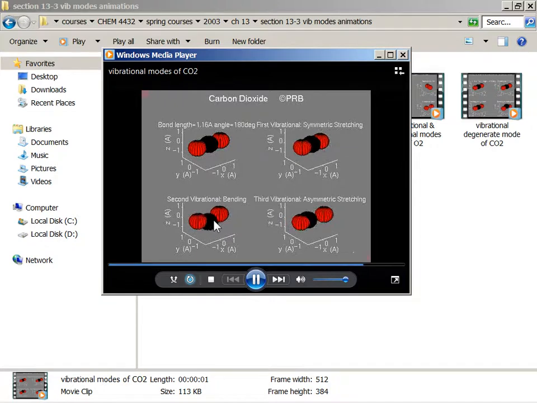Only when it's linear, when it has this shape, there's no dipole, and they perfectly cancel out. But once this guy moves a little bit, there's a dipole, and then the dipole goes to zero, right? So I think there's an oscillating dipole here. How about this one? Yes, definitely. Okay.